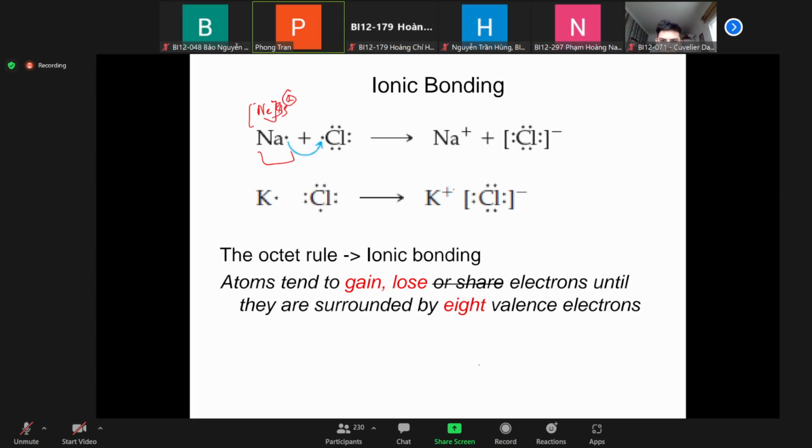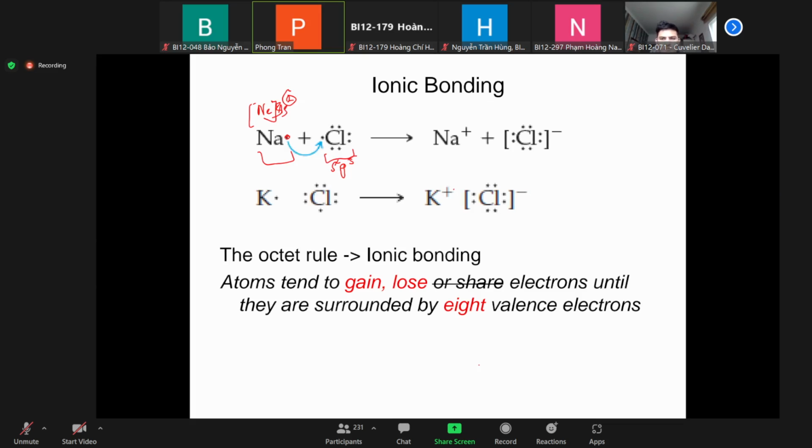You have one valence electron, which is s1. And for chlorine here you have valence electrons s2p5, right? So you can see here represented by the Lewis structure. So you have 1 dot and 7 dots here.